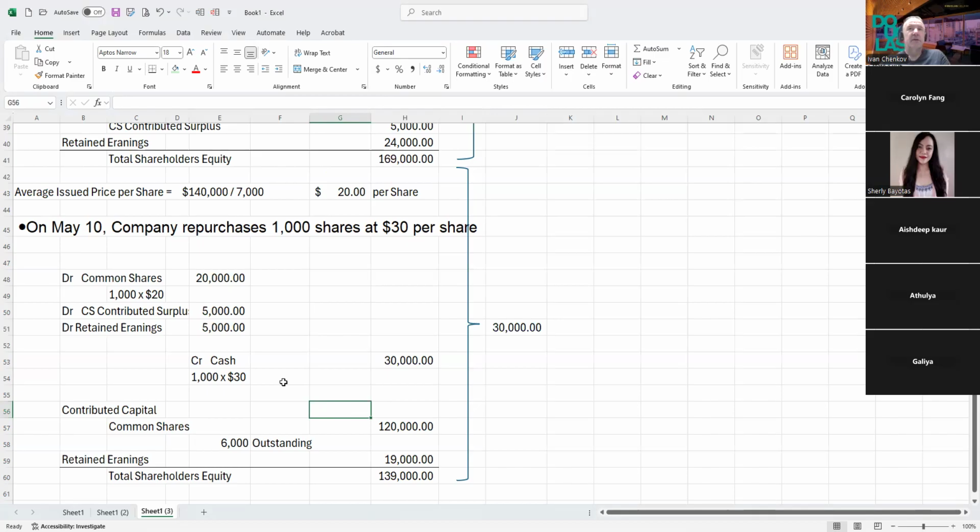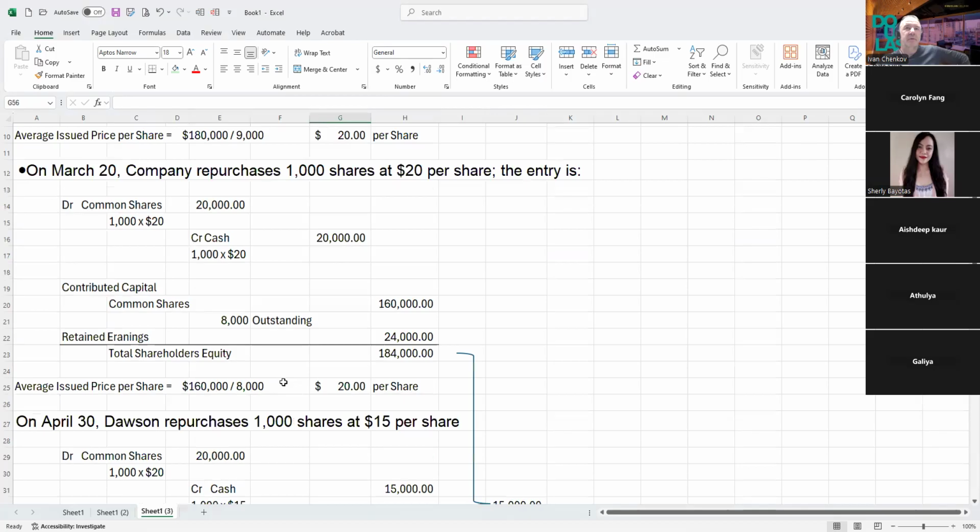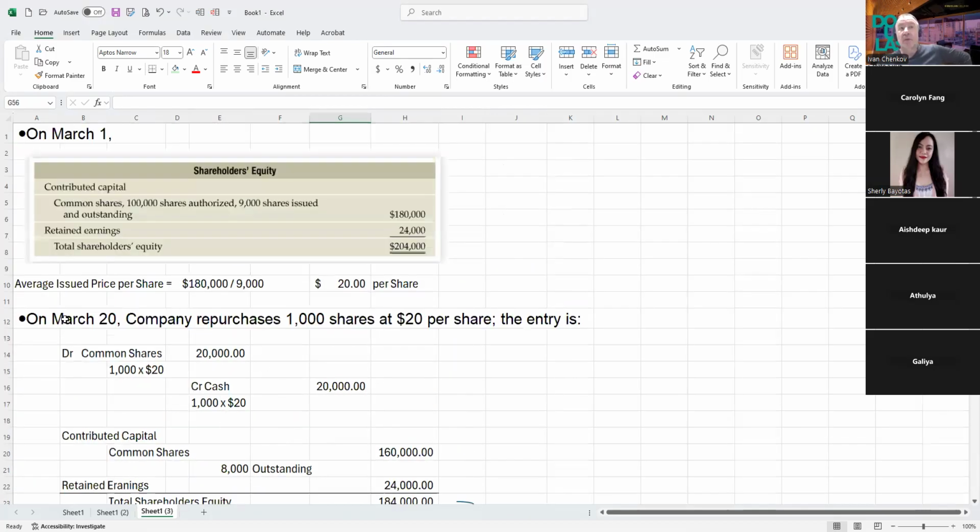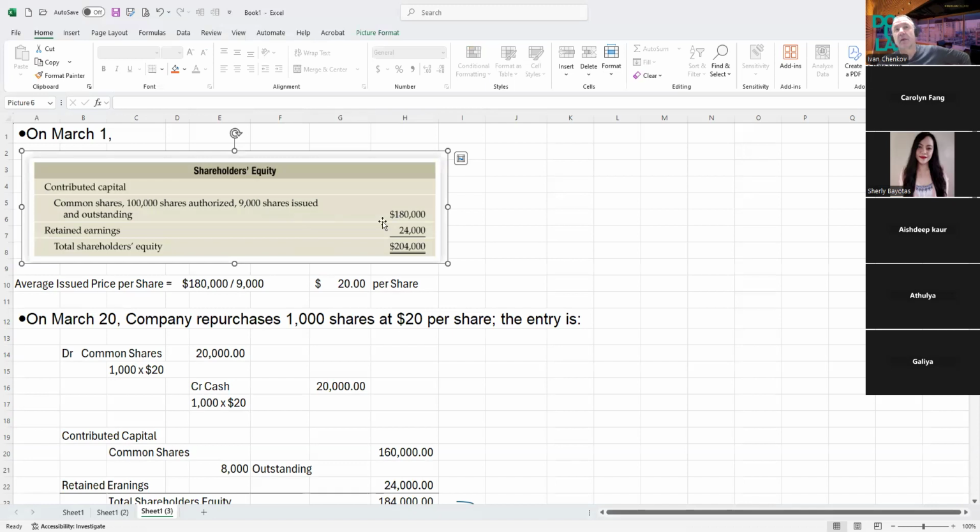All right, this is the challenge, so let's go back and see what's happened here. When we're issuing the shares, we're getting cash. We're assigning average price per share every time we issue shares. What will be the average issue price per share?